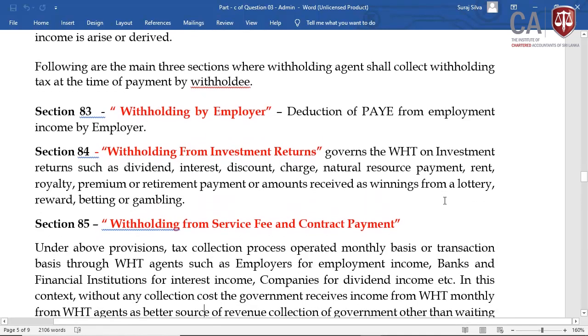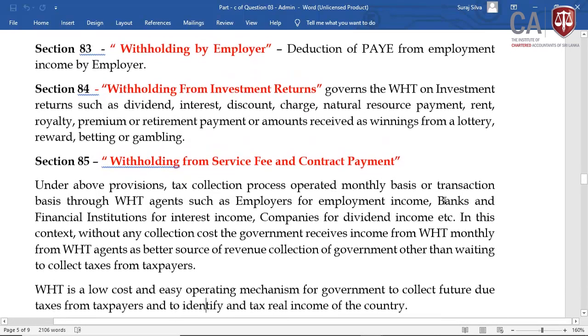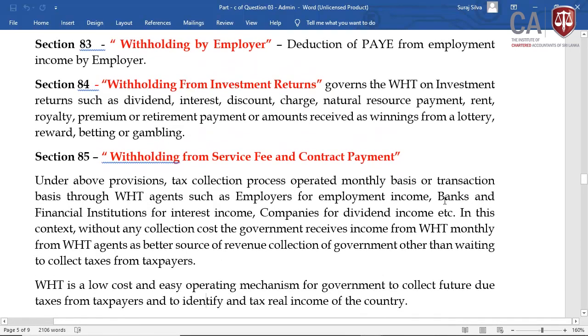Following are the main 3 sections where the withholding agent shall collect withholding tax at the time of payment to the withholdee. Section 83, as I have explained previously: withholding by employer, deduction of PAYE from employment income.